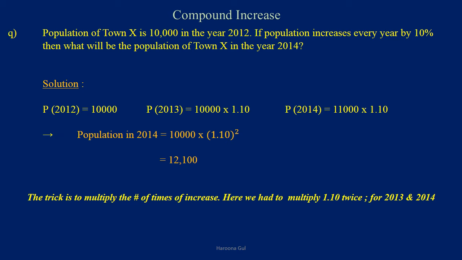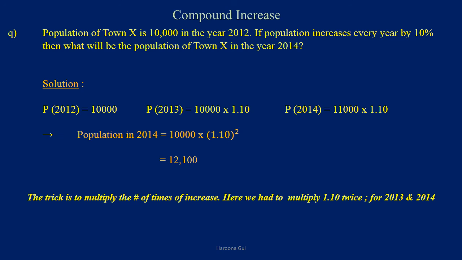So we're simply going to multiply the percent increase with the number of years and with the original population, with population in the year 2012. The trick is to multiply the number of times of increase. Here we had to multiply 1.10 twice.